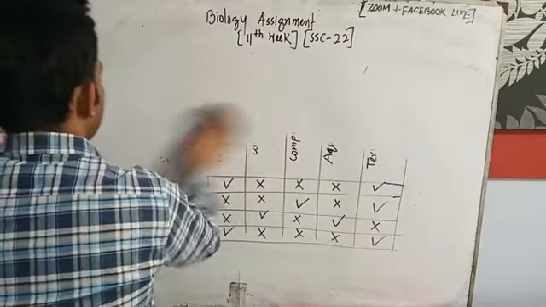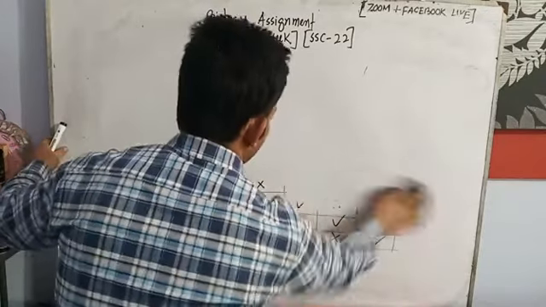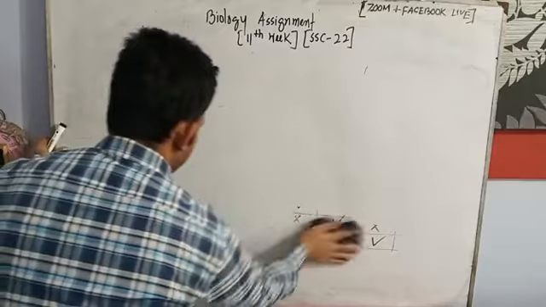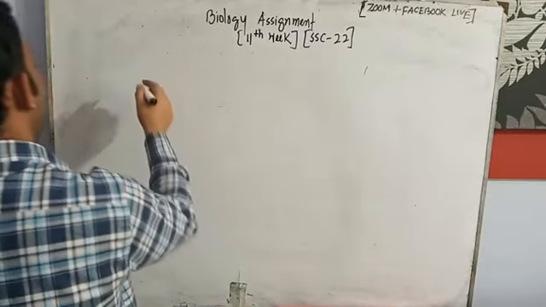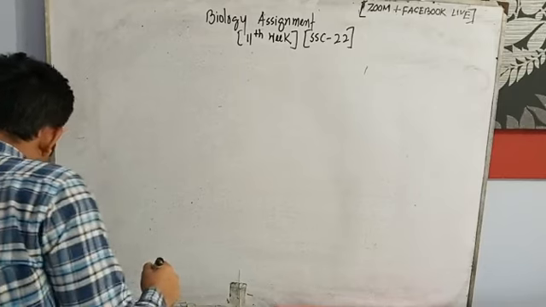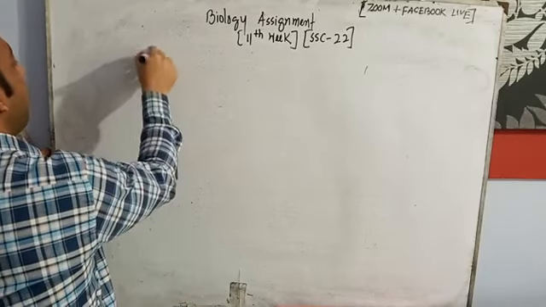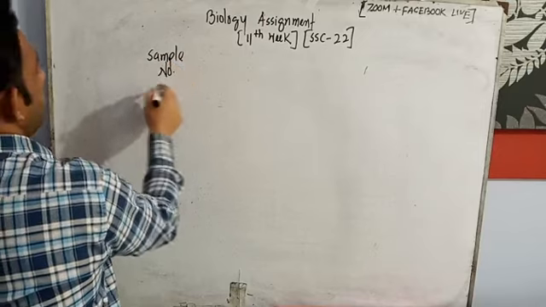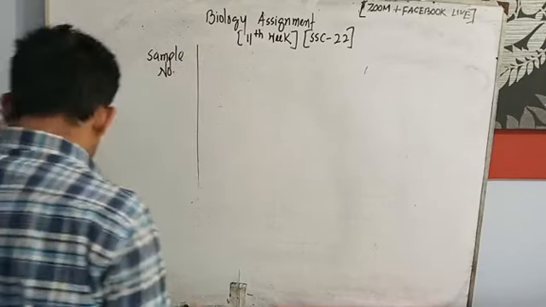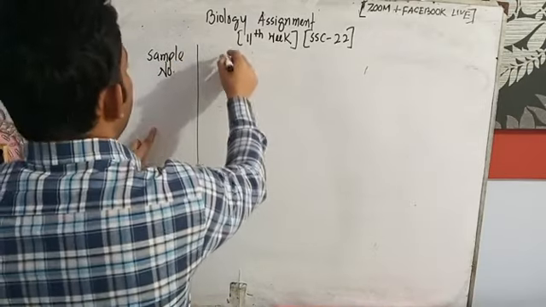Okay, this one is chart number 2, and it is a very important chart. We have to go through it. The sample number, and then the second one is the medium of pollination.